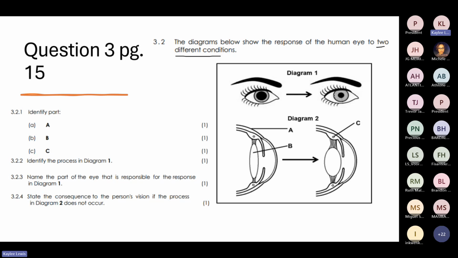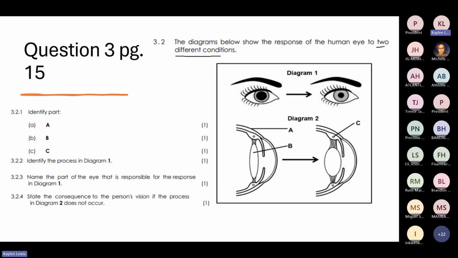And in this one, your pupil is smaller, it's constricted. What environmental condition would it be when your pupil is dilated? That will be in dim light, so a darker setting, like I said, a movie house, etc. In this one, your pupil is constricted, it's smaller, so this would be when it's very bright light.